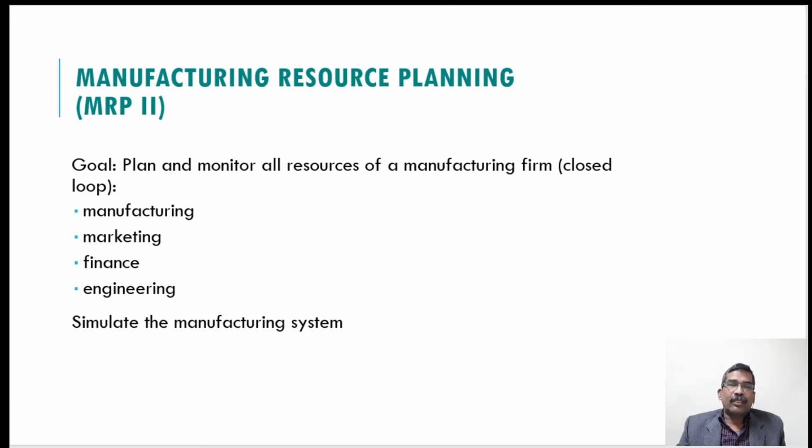In the case of MRP, we have considered only the requirement of materials, but here not only the material requirement, there will be requirements of other resources also. For example, the resources required for manufacturing, marketing, finance, engineering. So these are considered for manufacturing resource planning too. And in another session we will discuss MRP2 in detail.